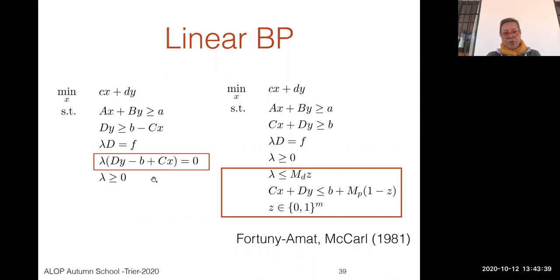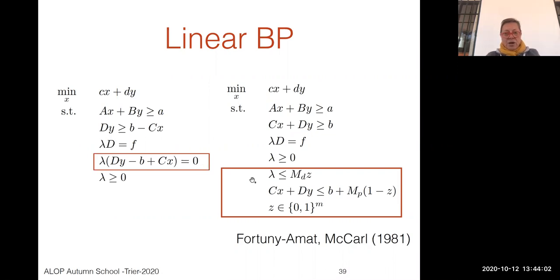For each constraint here you have a product, so you have in fact lambda i times (d_i y minus b_i plus c_i x) must be equal to 0.